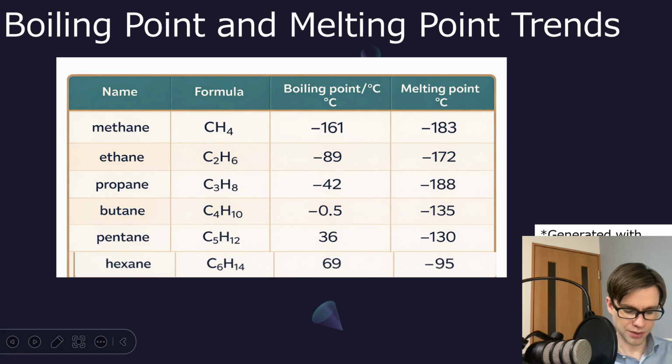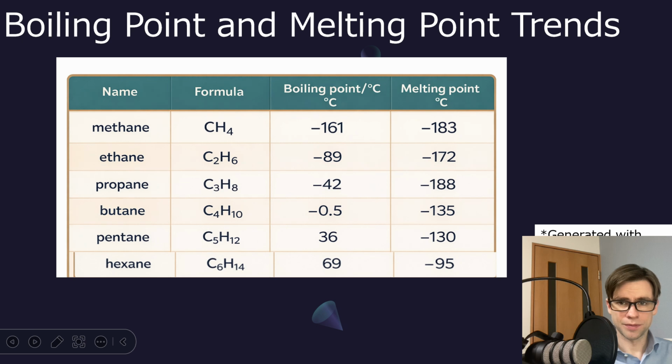The boiling point starts at minus 161, very low, melting point minus 183. But as we add more carbons to our chains, boiling point goes up: minus 89, minus 42, minus 0.5, plus 36, plus 69. Same trend does also appear for melting points, although it remains lower as expected.